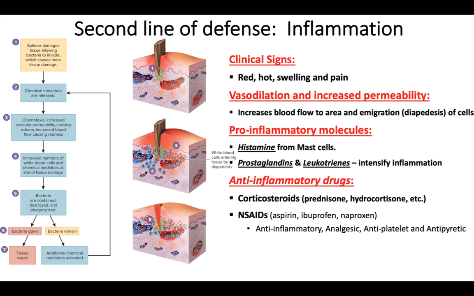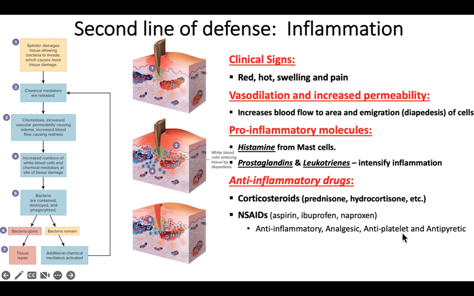They have antiplatelet properties. If you remember, aspirin can be used as one of those anticoagulants or blood thinners. And they also have antipyretic properties, that is, fever reducing. So these medications are very useful if you have inflammation, if you have pain, but they could thin the blood.